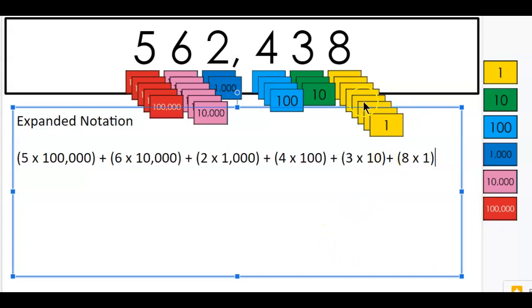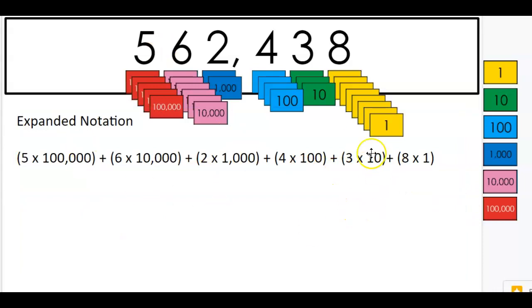All right, and what I would do when I am done, I would go back and check: 100,000s, I have 5, 10,000s, I do have 6, 1,000s, I have 2, hundreds, 4, tens, I have 3, and ones, I have 8.